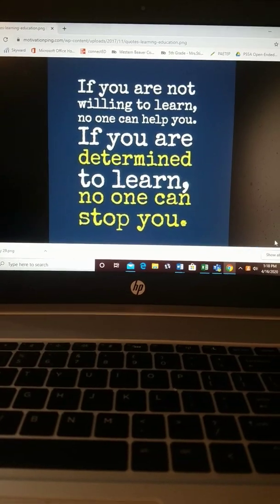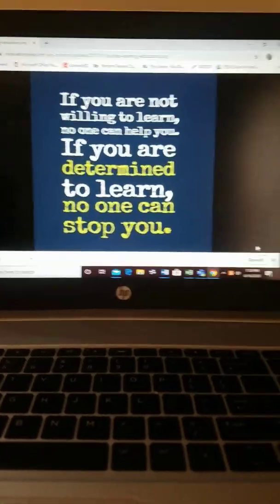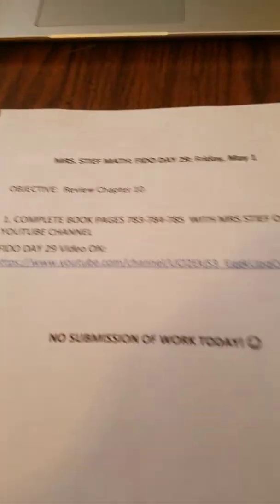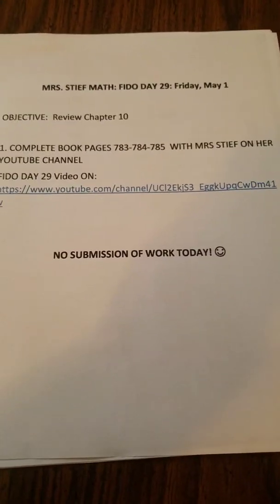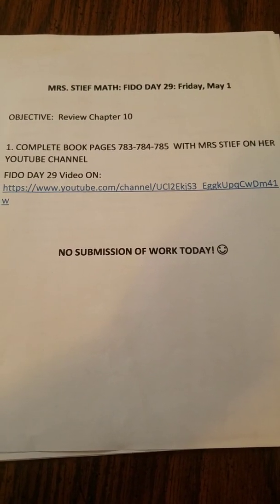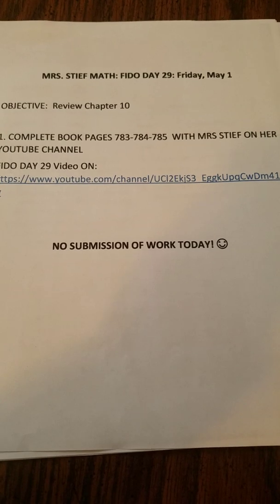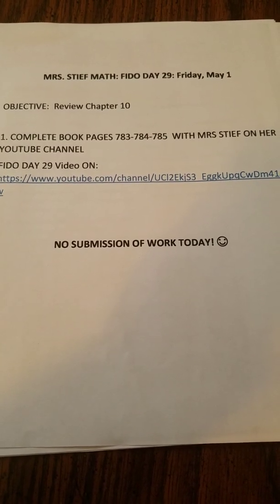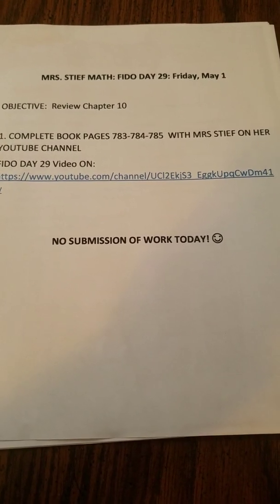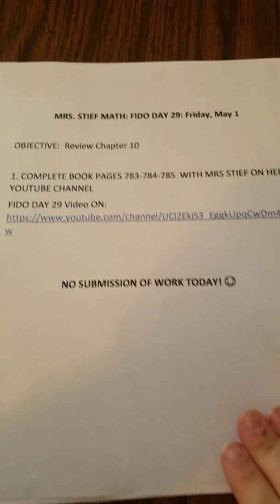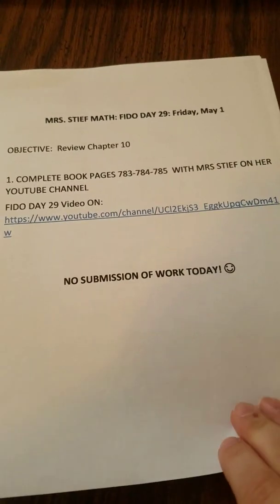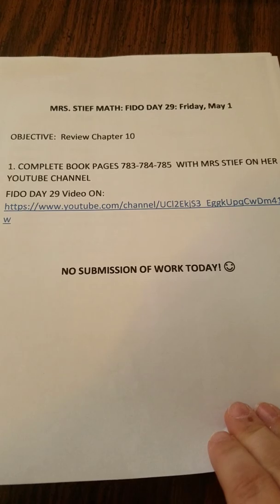And that's awesome. Taking a look at today's work, we have for us today the review in our books. So if you don't have your book, go ahead and pause the video and get your book. And the first page that we're going to look at in our books today, boys and girls, is 783.